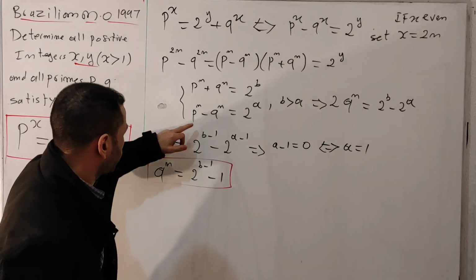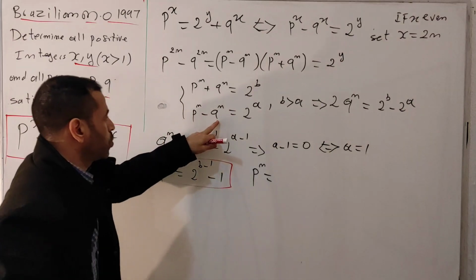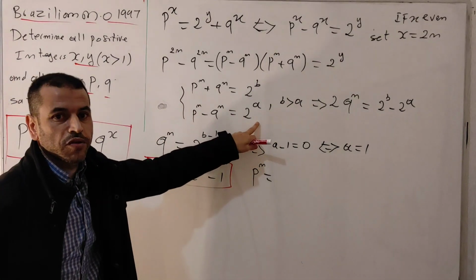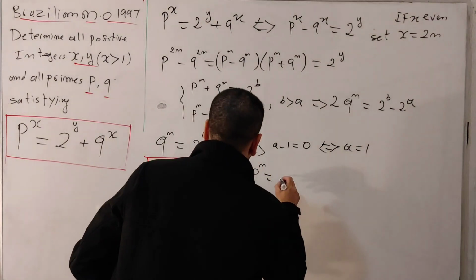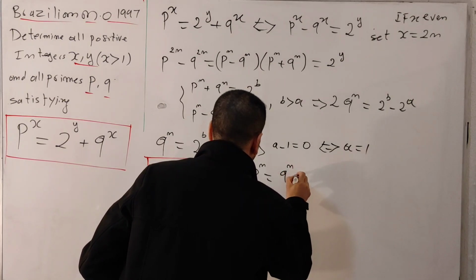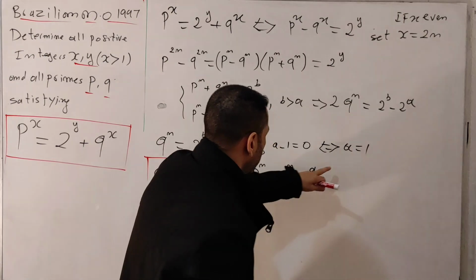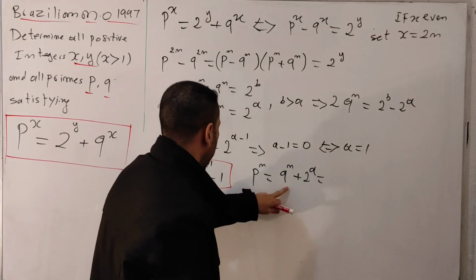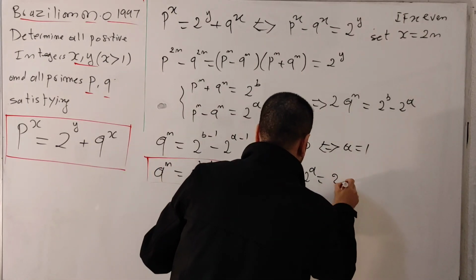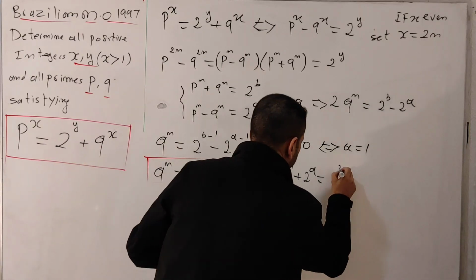Okay, I'm going to find p to the n. I'm simply going to move this q to the n over to the right hand side of this equation. So we'll have q to the n plus 2 to the a. A will be replaced with number 1 here. I will have 2 to the b minus 1.